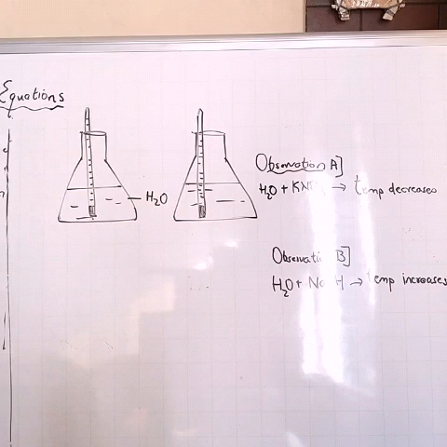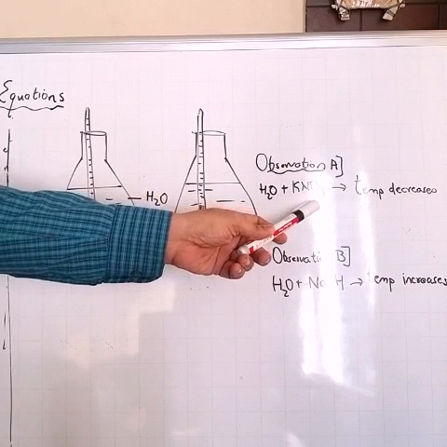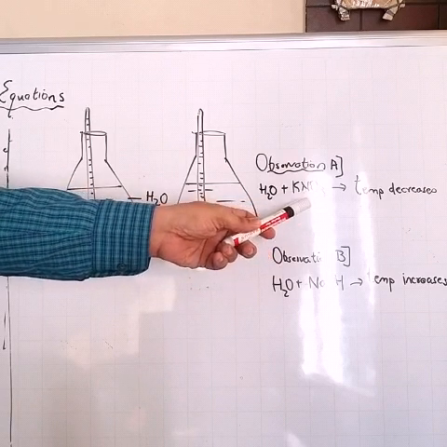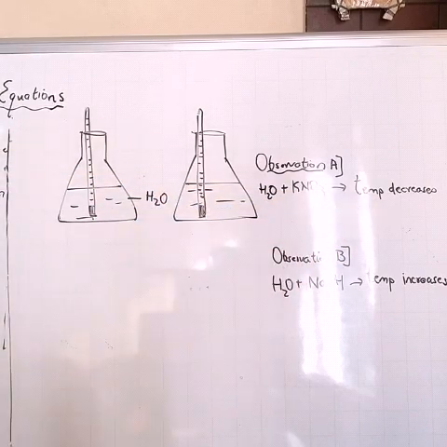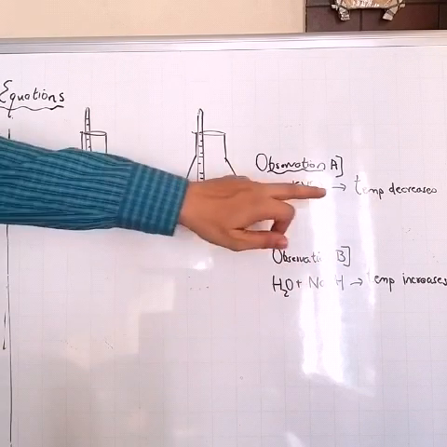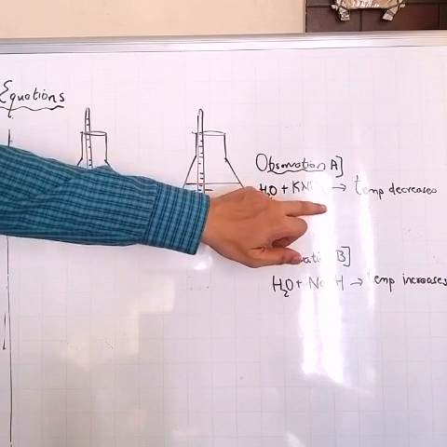What are the observations? In the first case, when water is added to potassium nitrate, we get an aqueous solution of potassium nitrate and the temperature of the mixture will decrease. Why? Because it's an endothermic process.